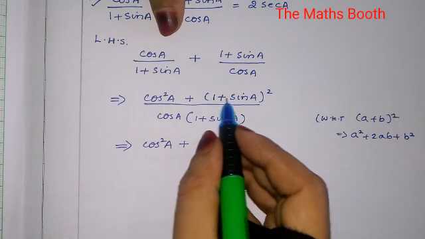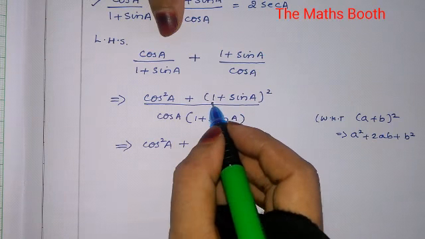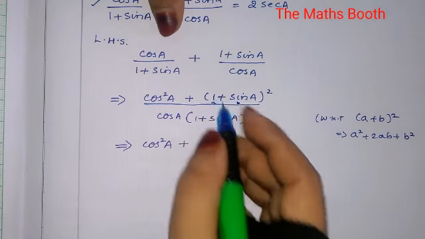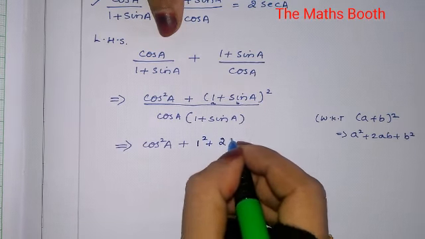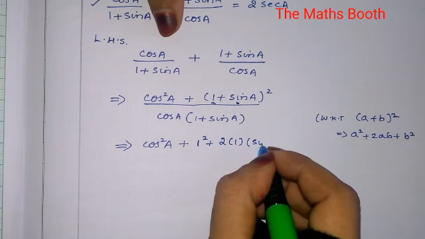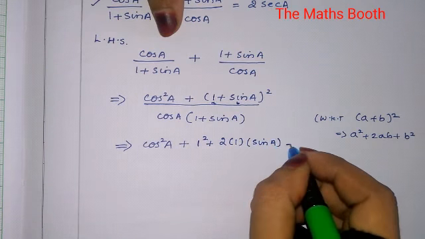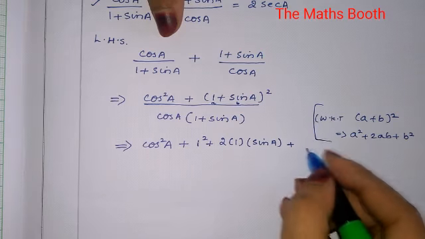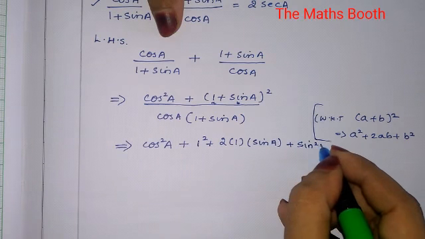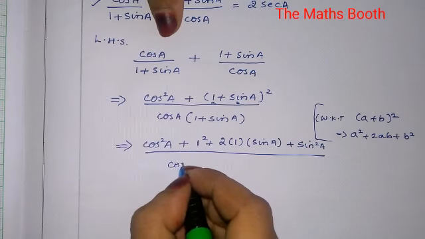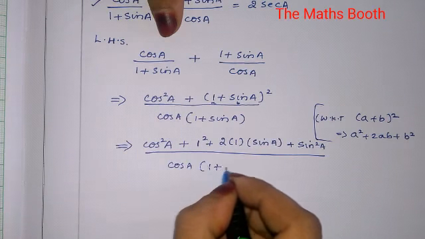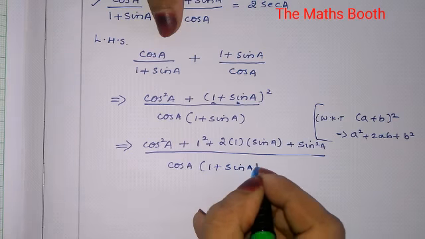So in (A plus B) whole square, this is considered as A and this is considered as B. So 1 square plus 2AB plus B square, upon the denominator, which I'll keep as it is: cos A into (1 plus sin A).